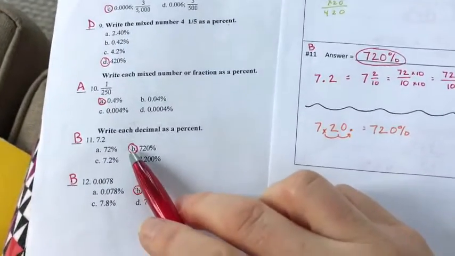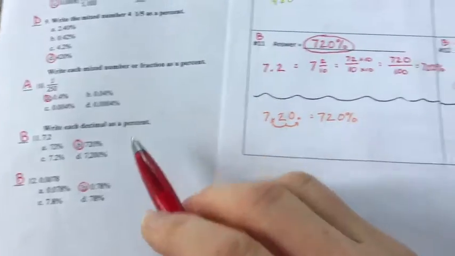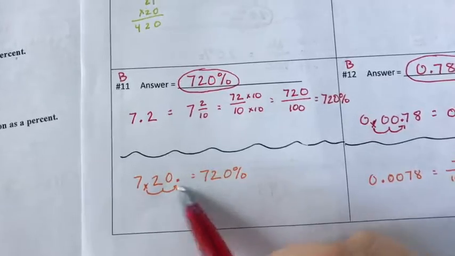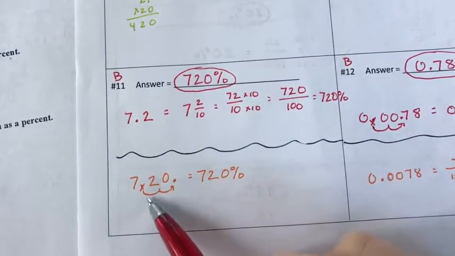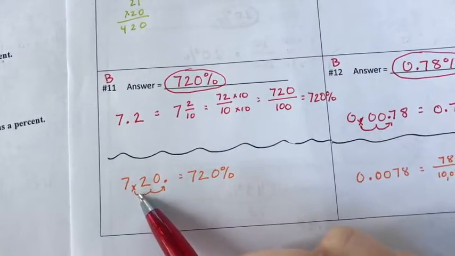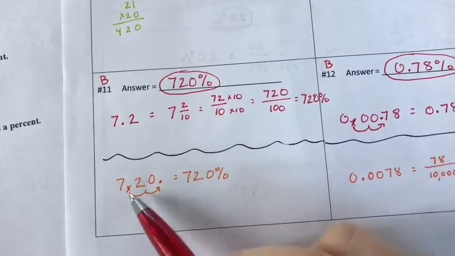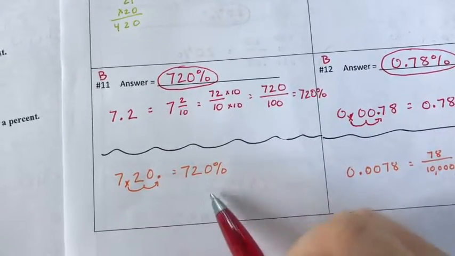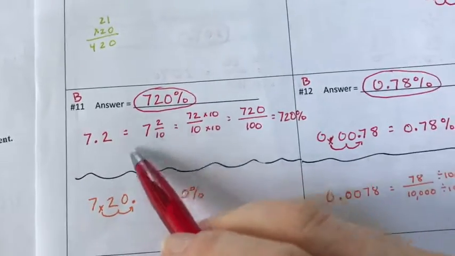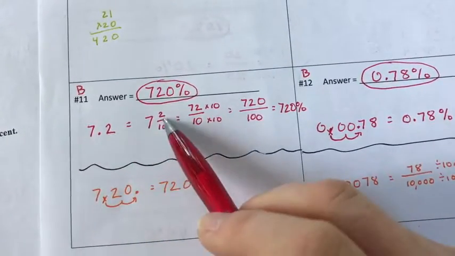All right, here's number 11. 7.2, write that as a percent. So a lot of you might have done this quick way right here where you have 7.2. You cross off the old decimal, move it 2 to the right, and that gives you 720. Some of you may have said, oh, this is 7 2/10.